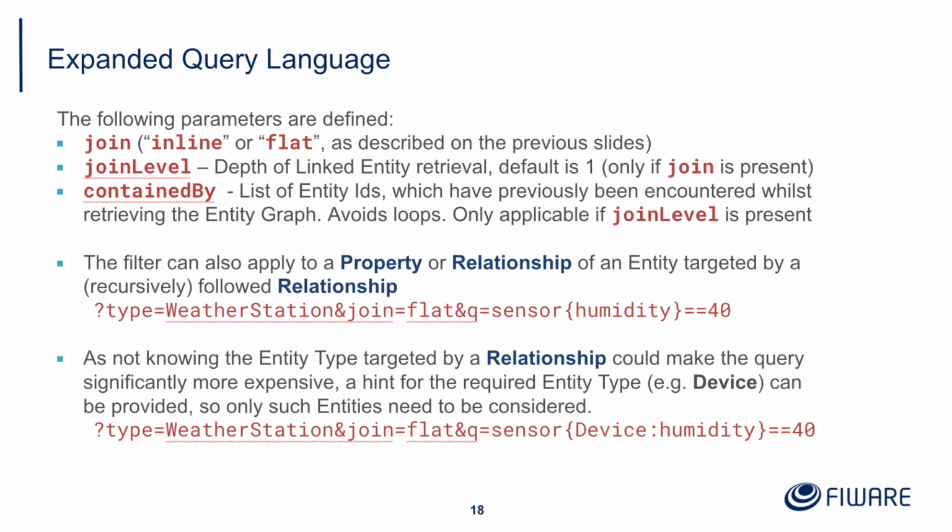The q parameter works just the same way as the pick and omit. Again, curly brackets. So if you want to do a query on the humidity of a sensor which is within a type weather station, then it's going to be curly brackets around humidity. You can help the query speed up if you can also provide the object type, because this is obviously information which is held in the context broker, and perhaps more importantly is required if you're trying to do registrations.